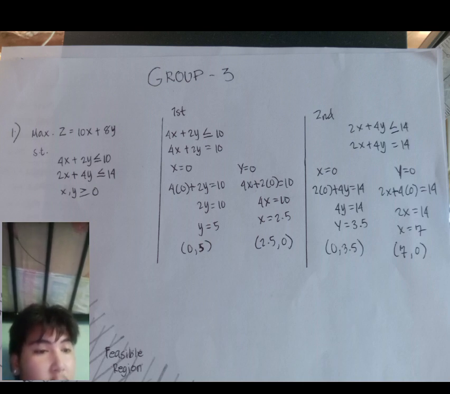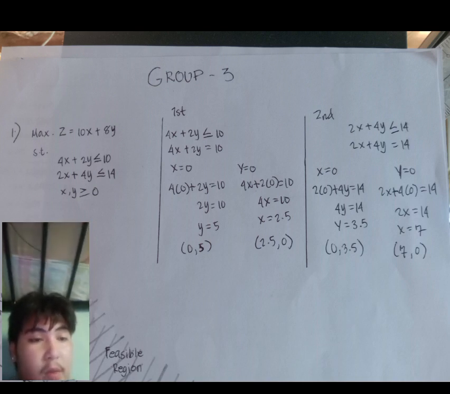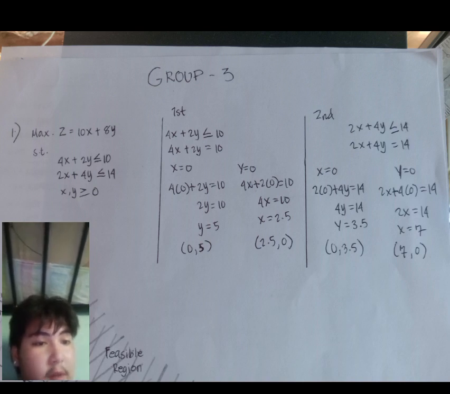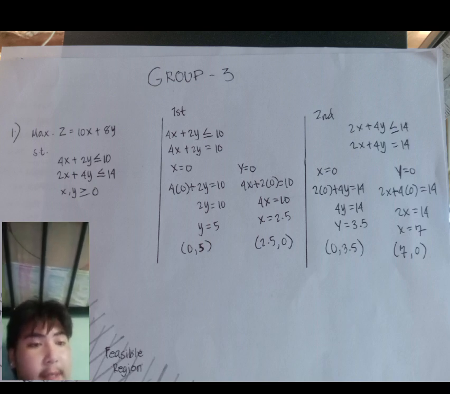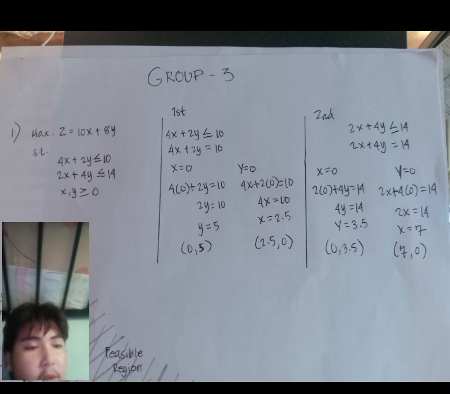Let's find x, with y equal to 0: 2x plus 4 times 0 is equal to 14. 2x equals 14, divided by 2, is equal to 7.